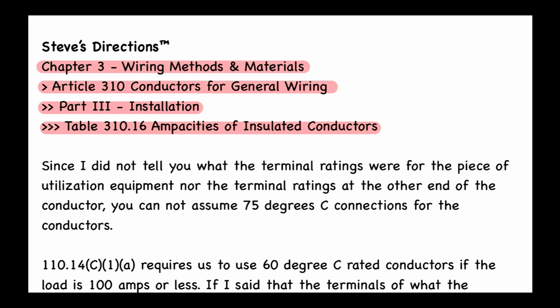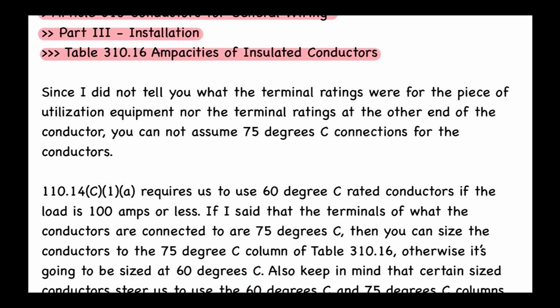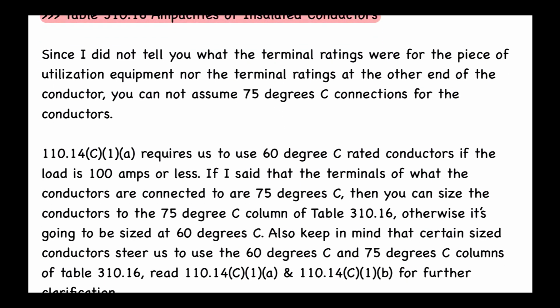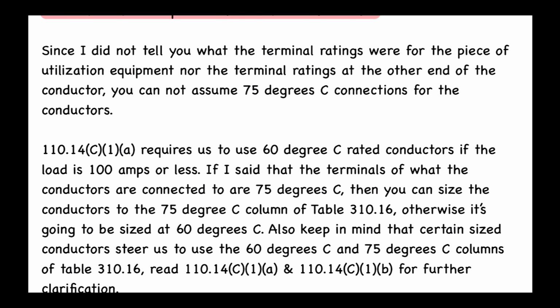All right, so let's see what we got in our narrative here. Since I did not tell you what the terminal ratings were for the piece of utilization equipment, nor the terminal ratings at the other end of the conductor, you cannot assume 75 degrees C connections for the conductors.